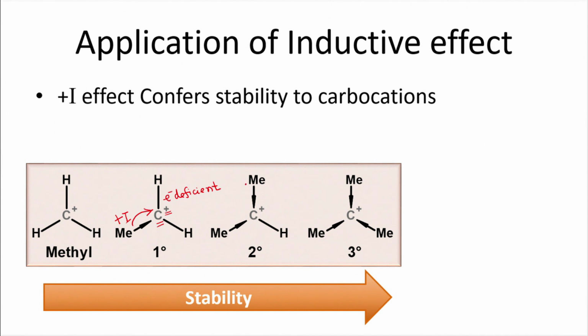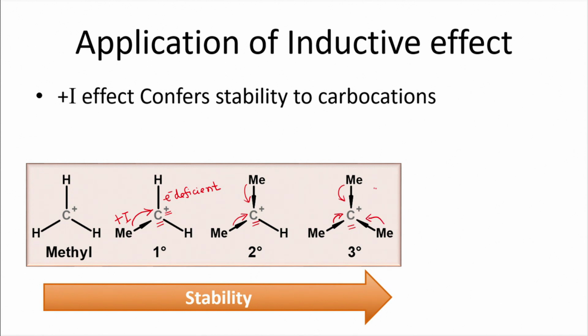When there are two methyl groups, what happens? Both the methyl groups actually push electron towards the carbocation. That means the stability actually increases, because the carbon now gets more electron from the methyl groups. And when we move on to the tertiary butyl group, there are three methyl groups, and all the methyl groups donate electron to the electron deficient carbon.